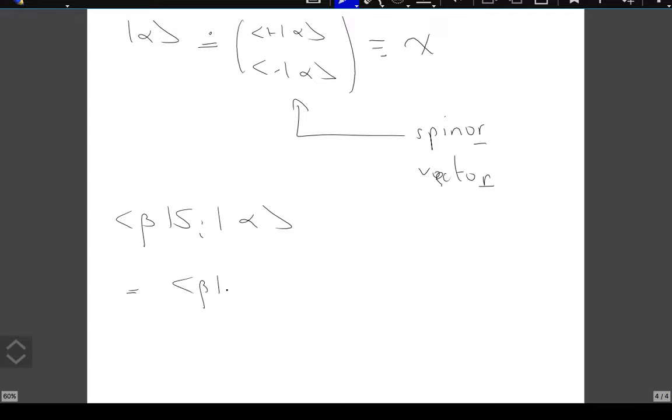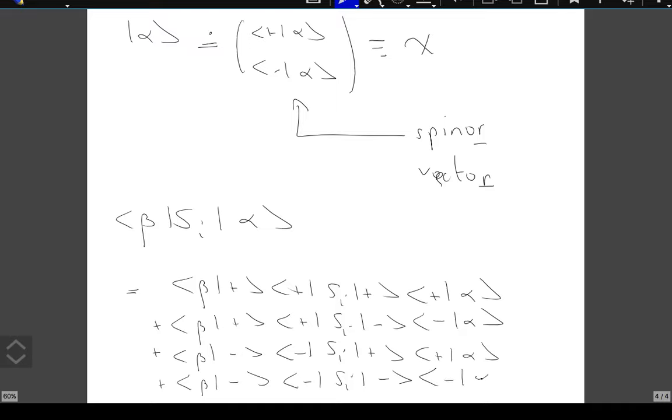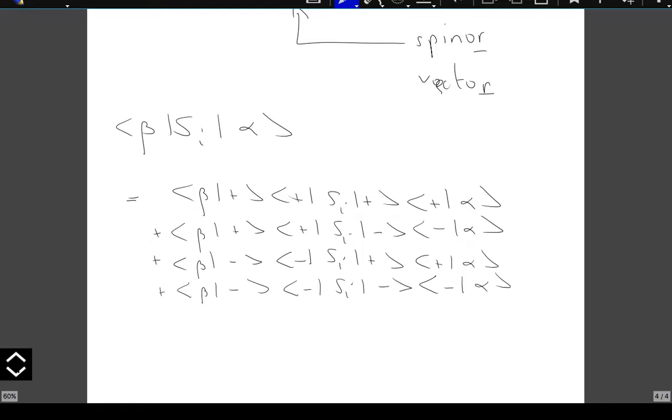Well, you can just write this as beta plus Si plus alpha, beta plus Si minus alpha, beta minus Si plus alpha, beta minus Si minus alpha.